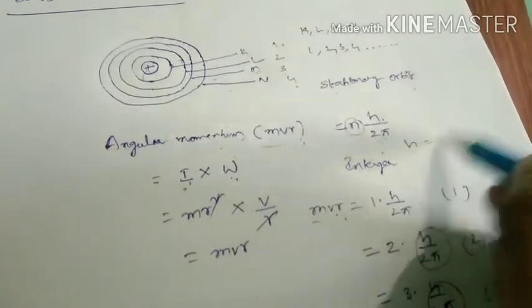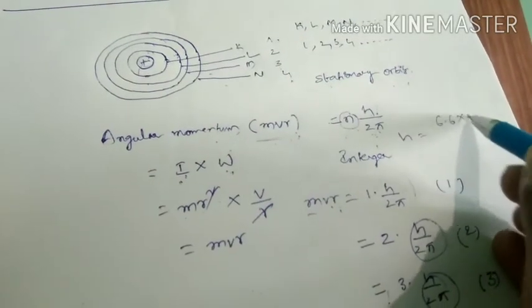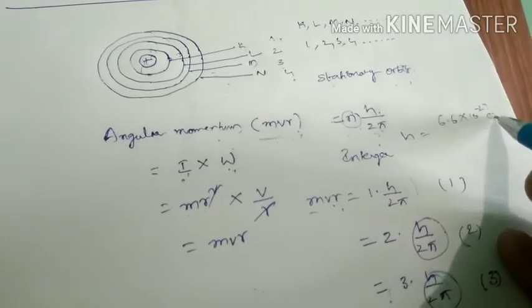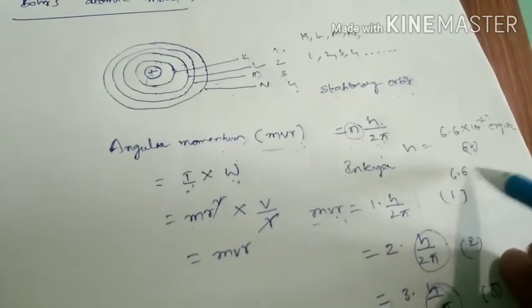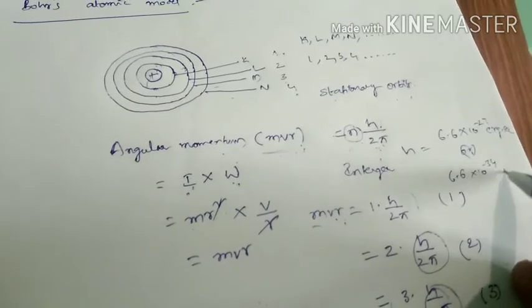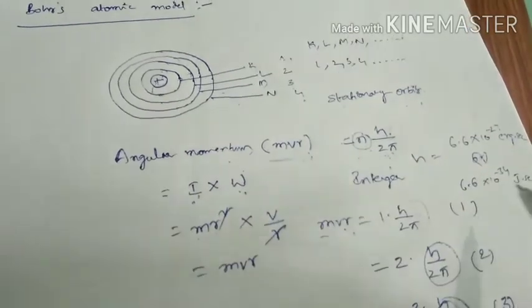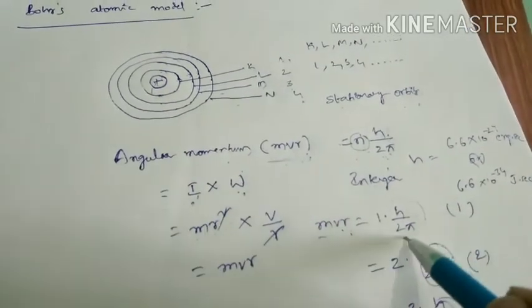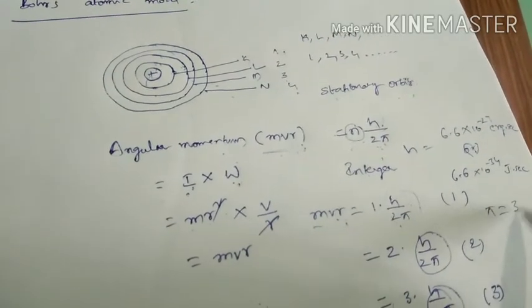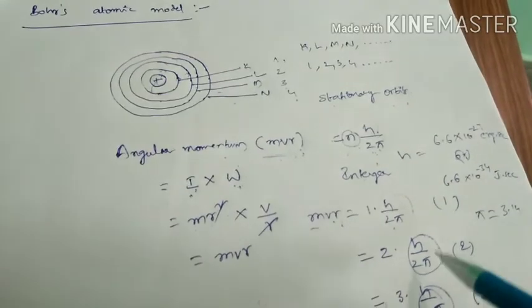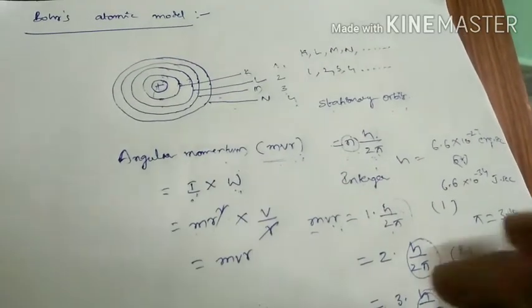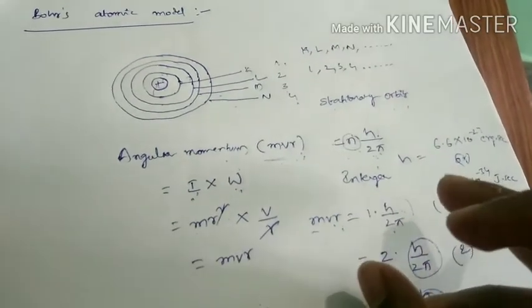Its value is 6.6 into 10 to the power of minus 27 erg seconds. In joules, it is 6.6 into 10 to the power of minus 34 joule seconds. Next, the pi value we know is 22 by 7, nothing but 3.14. So these are the points regarding Bohr's atomic model.